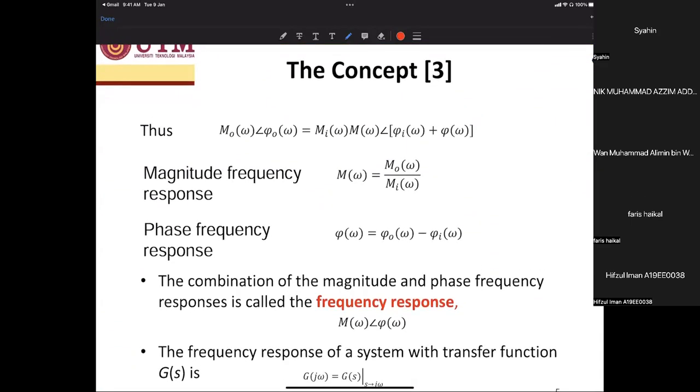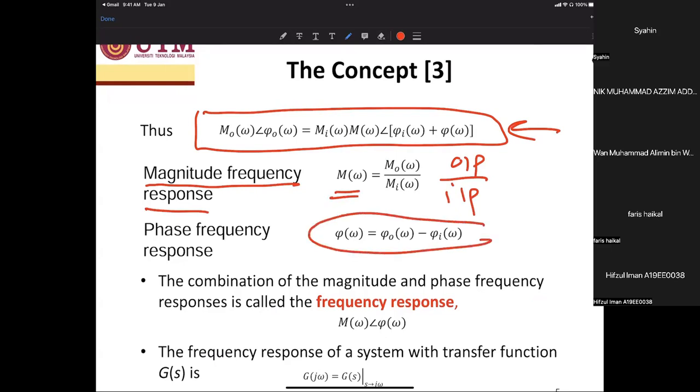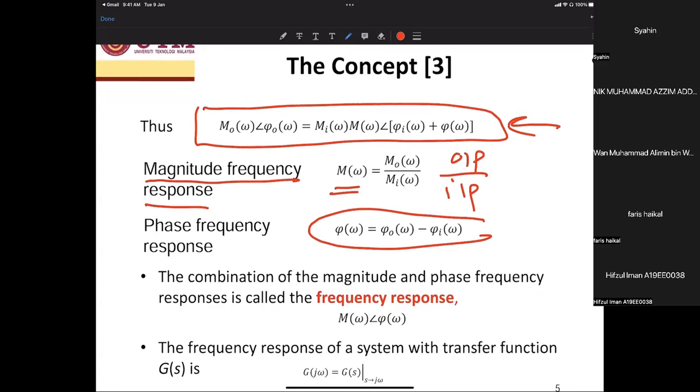So from the equations that we multiplied between the input and the mathematical model, we can simplify the magnitude of the frequency response, which is the output divided by input. So we get the magnitude. And for the phase, since it is output and input, the output phase minus the input phase gives the phase frequency response.